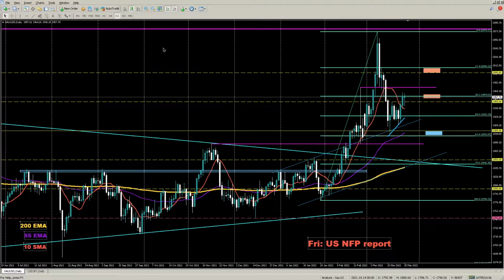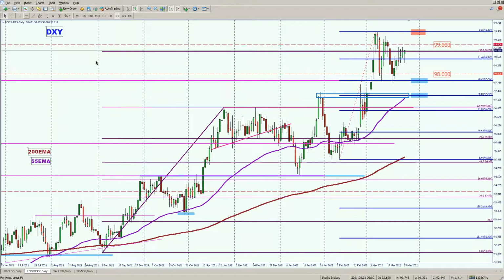So let's also take a look at the US dollar index, the DXY, and see how it relates with this spot gold move. Here's the US dollar index, DXY.